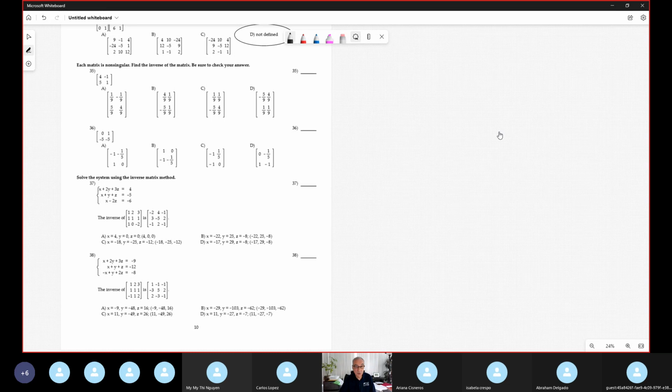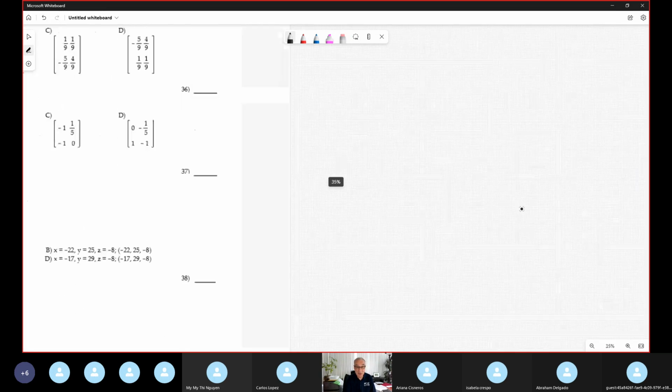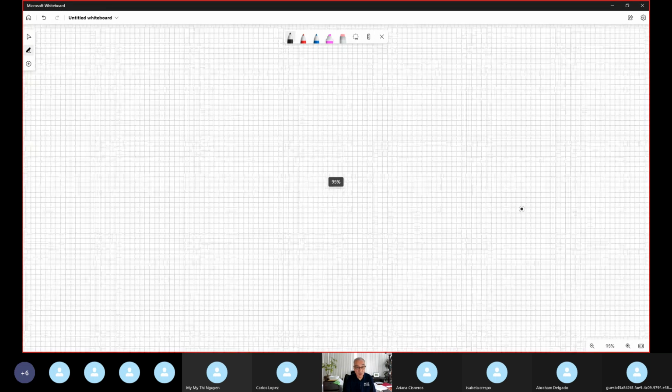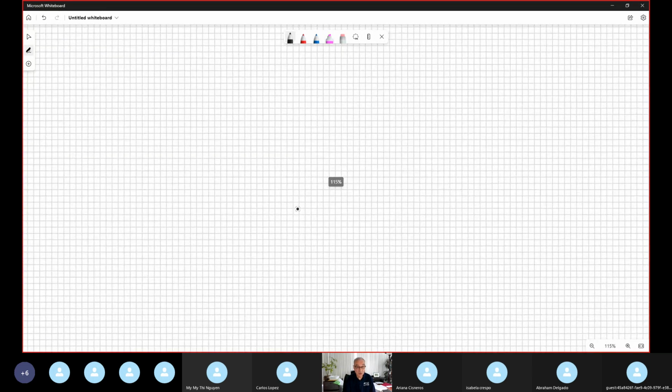We move on to 37. 37 is solving the system, but using the formula for the inverse matrix. So it's another way to solve the system of equations using matrices, but it's using the inverse matrix. So you have the capital A matrix, the matrix formed by the coefficients in front of the variables.